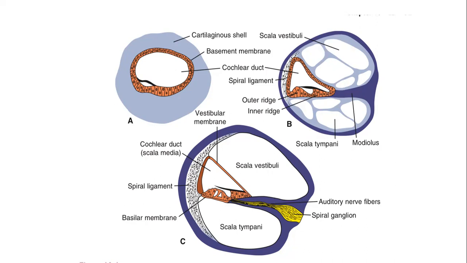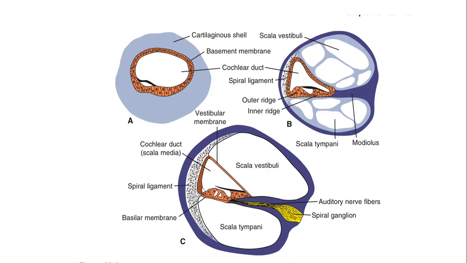The cochlear duct is then separated from the scala vestibuli by the vestibular membrane, which is also called Reissner's membrane, and from the scala tympani by the basilar membrane.